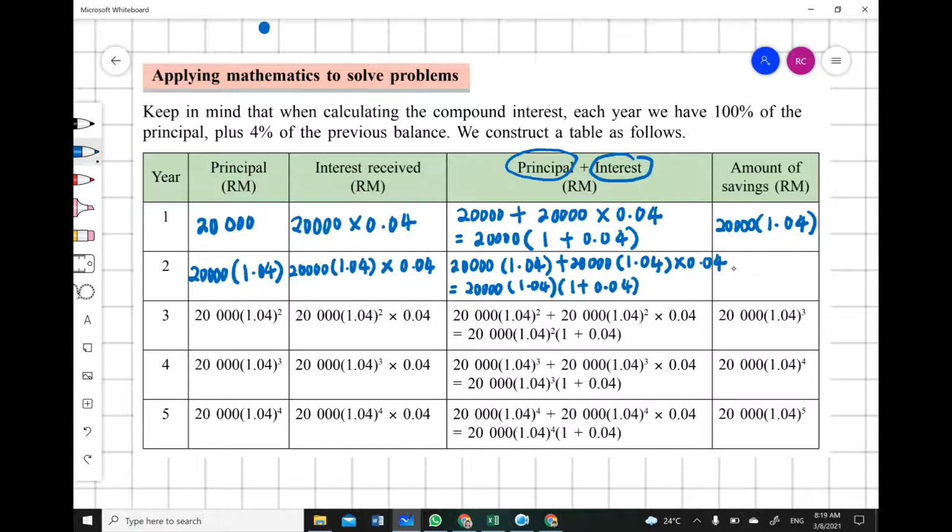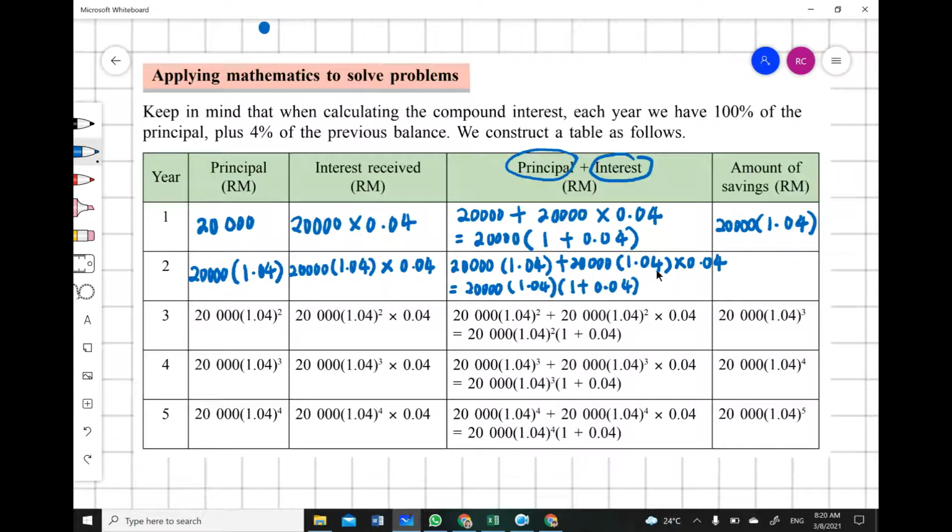Okay, after that you check one more time. So you can see 20,000 times 1.04 is the first part. 20,000 times 1, we get 20,000. 20,000 times 0.04 is this part here. Okay, this is 1.04.